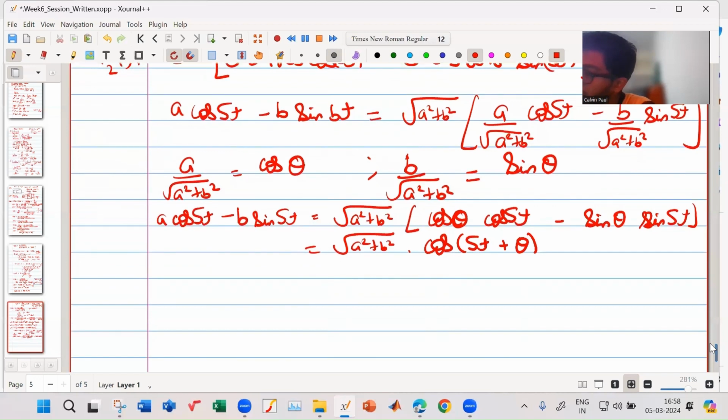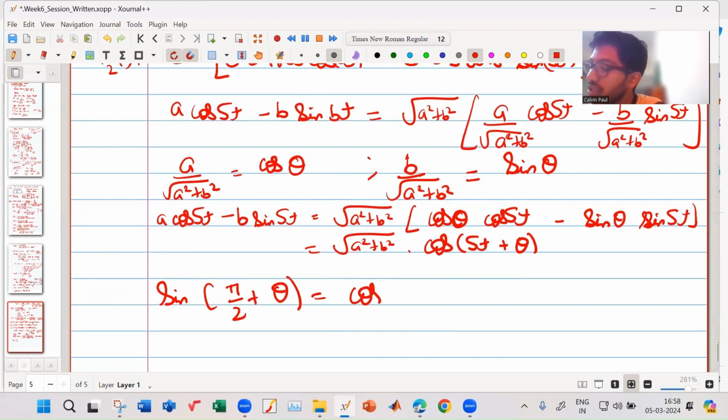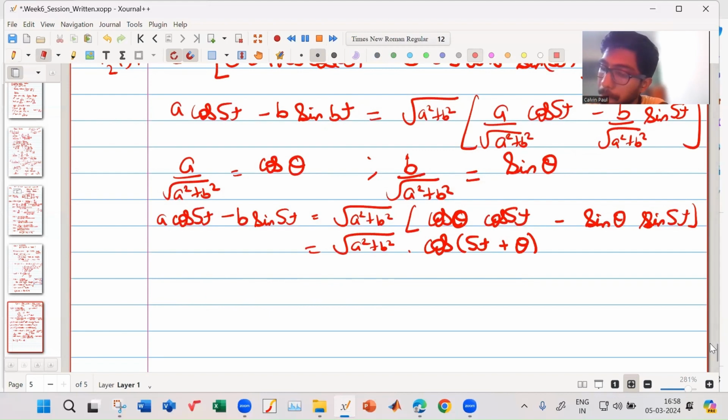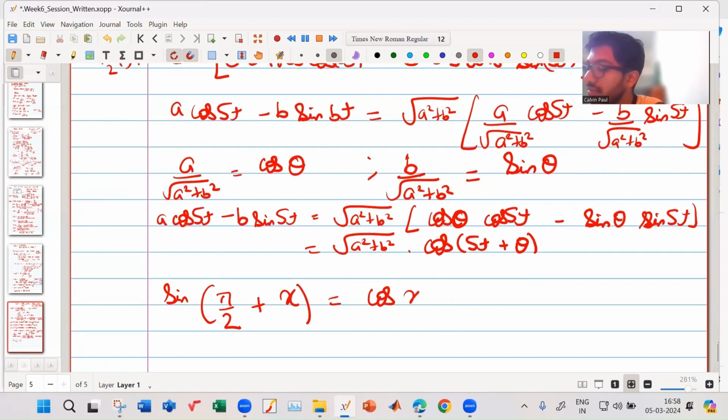Now we want to convert it in terms of sine. We know sine of pi by 2 plus x is equal to cos x. So here, what is my x?